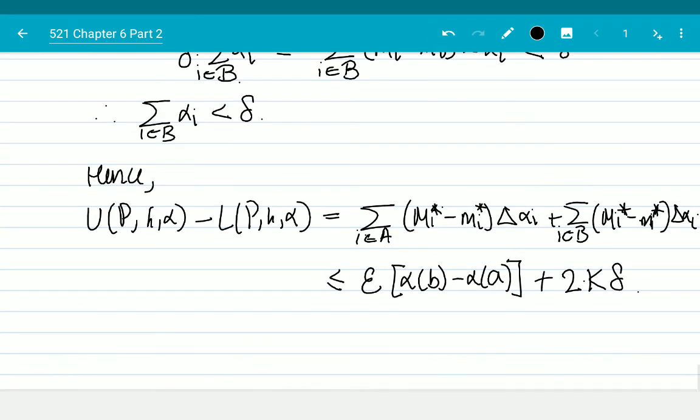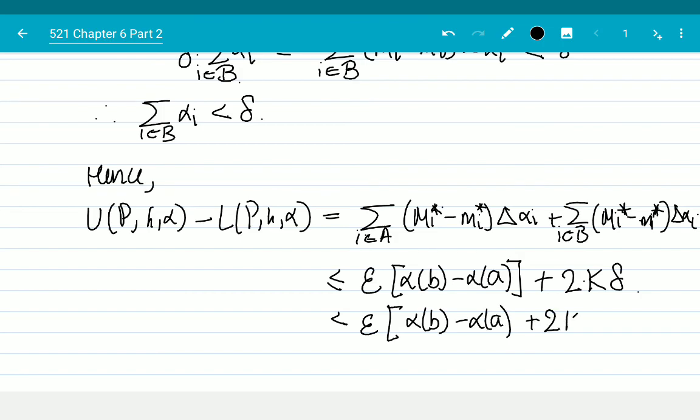Which is smaller than epsilon times alpha B minus alpha A plus 2k, because I took my delta to be smaller than epsilon.